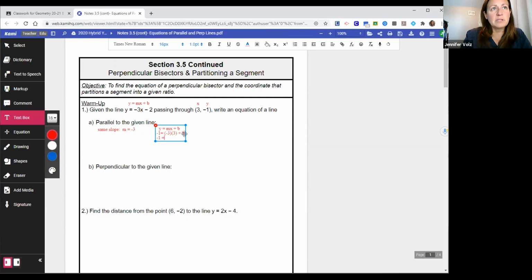First, by cleaning up a little bit, -3 times 3 is -9. And then add 9 to both sides. 9 minus 1 is going to be 8 over here, equals b. So this is the process of figuring out what b equals. Now we've got the m and we've got the b.